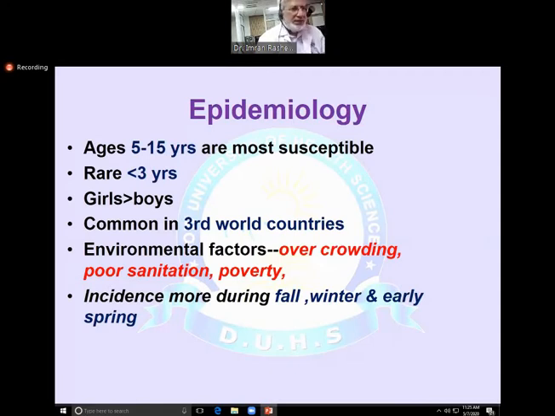Similarly, with poor sanitation and poverty, even if the patient develops this, he doesn't get proper treatment and doesn't have enough funds to go to the doctor and take proper medication, and that results in partial treatment of the streptococcal pharyngitis, and as a sequela the child develops rheumatic fever. Incidence is more during fall, winter, and early spring.